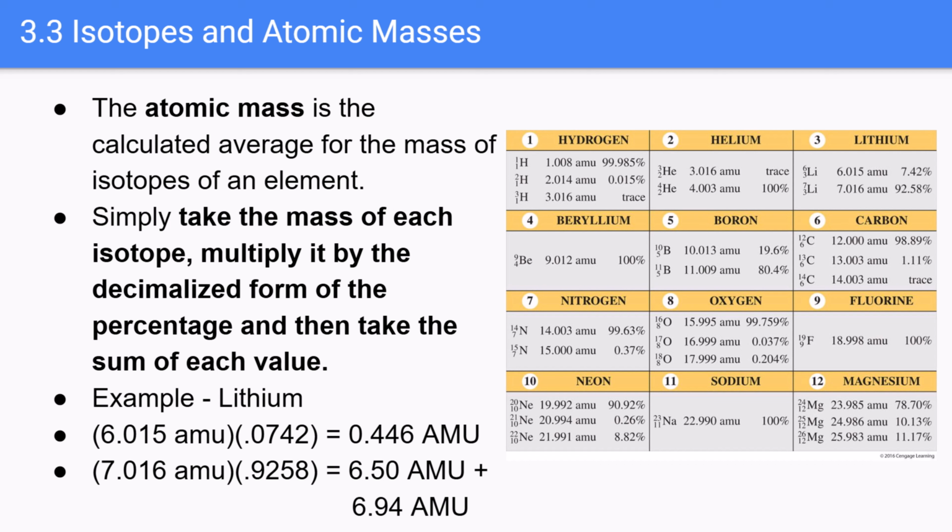I take 7.016 AMU and multiply that by 0.9258, and what I get is 6.50 AMU and 0.446 AMU respectively for each multiplication I did. I add those two together and I get 6.94, which is exactly what I find on the periodic table. So given any set of isotopes and their weights, you can very easily determine what the average atomic mass is going to be on the periodic table, or the atomic mass as it's listed here.